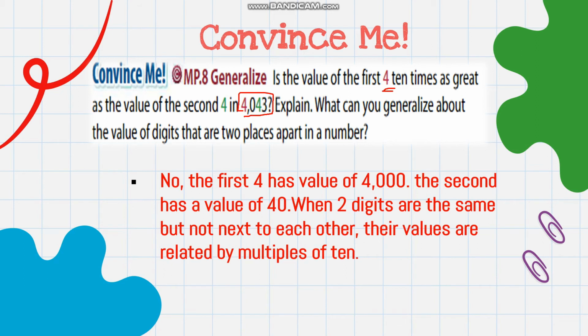Because the first 4 has the value of 4,000, this one, and the second has the value of 40. So when two digits are the same, but not next to each other, their values are related by multiples of 10.